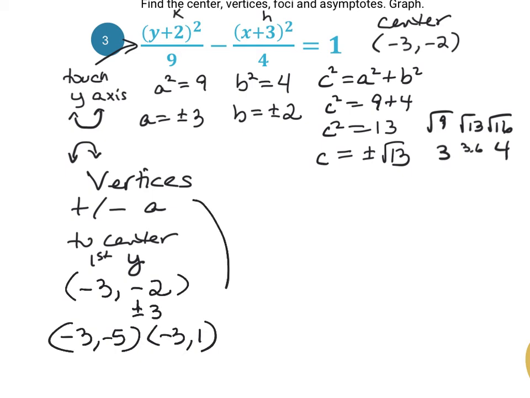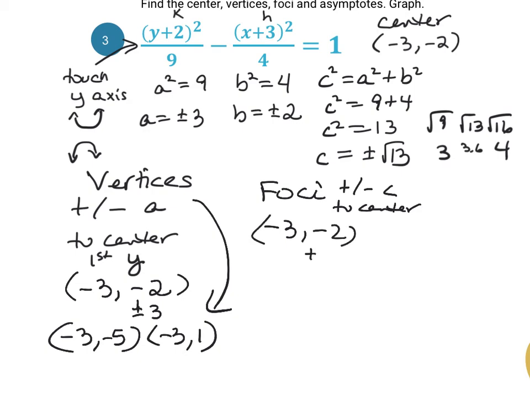These are the vertices. For the focus, we're going to add the c to the center. Still to the y, because that's what we saw first. So this one we're going to add and subtract c to the center. So we're adding and subtracting root 13.